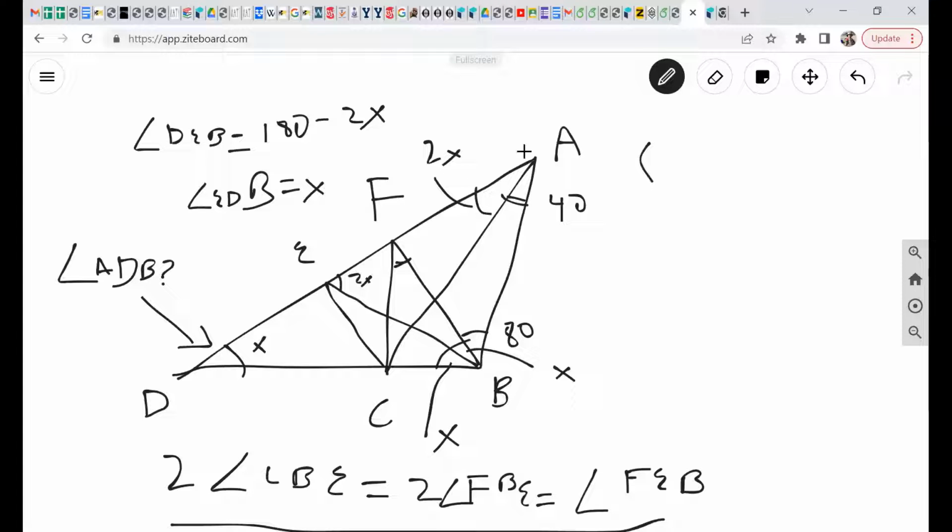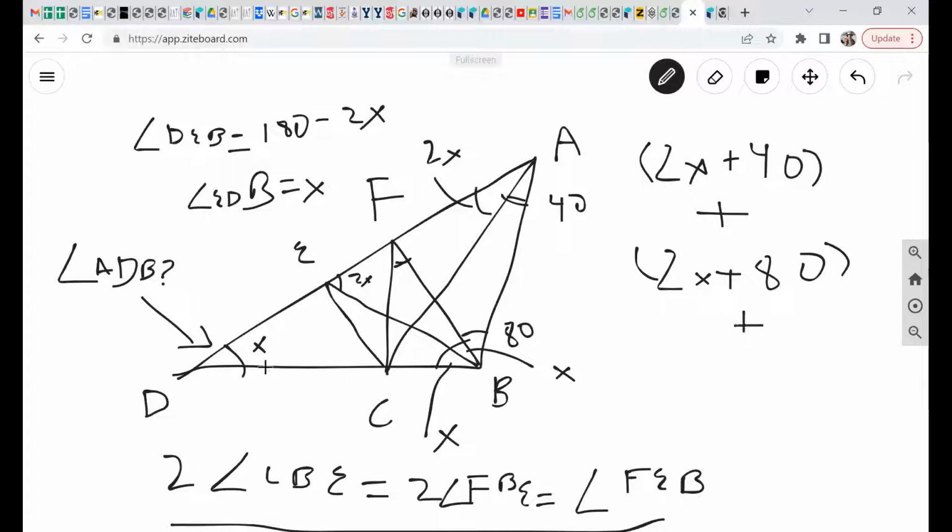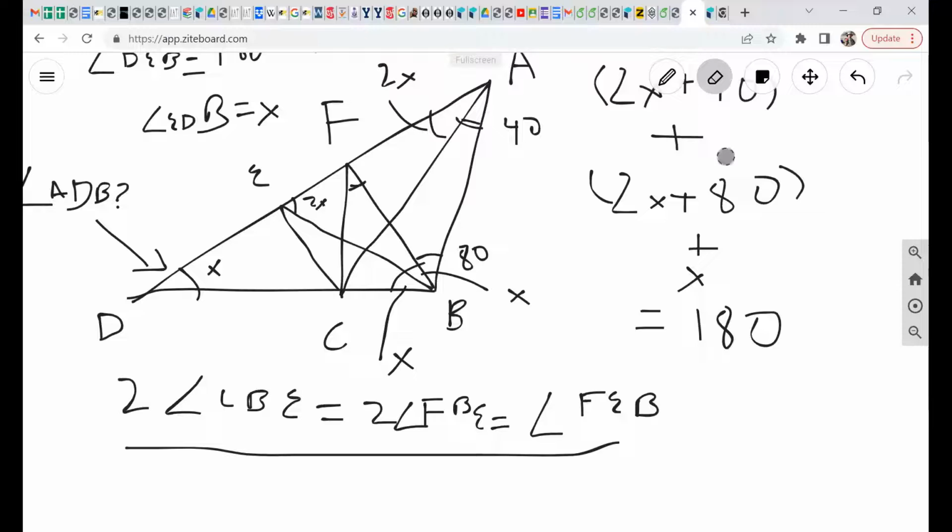So this angle is 2X plus 40, plus this angle, 2X plus 80, plus this angle, which is X, equals 180. As a result, we can find that X is 12 degrees.